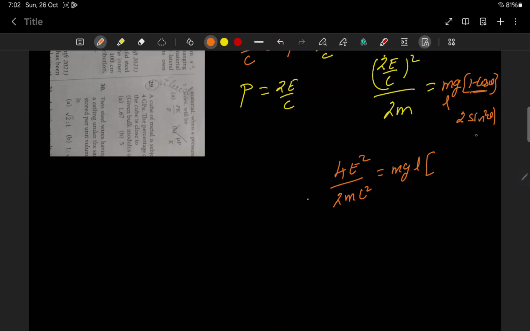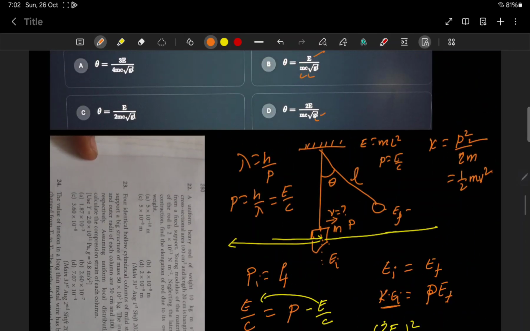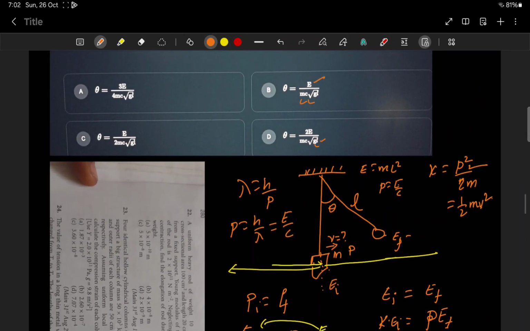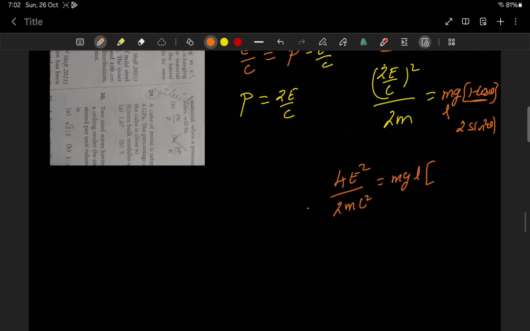For small values of theta, sin theta will be equal to theta. We can reduce it like that, but we can look at the options and then decide. Here you have only theta and the root of gL.